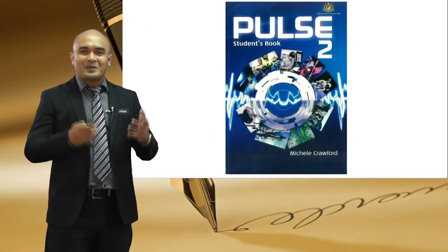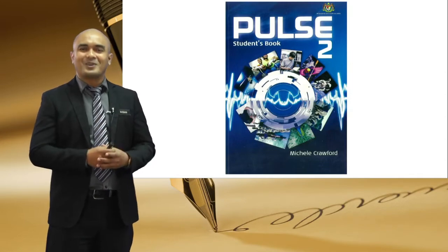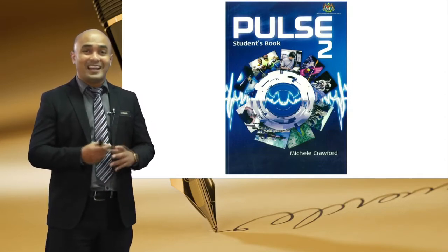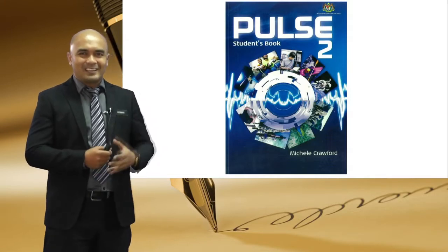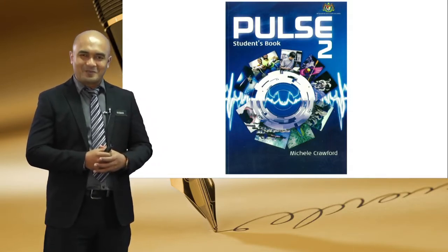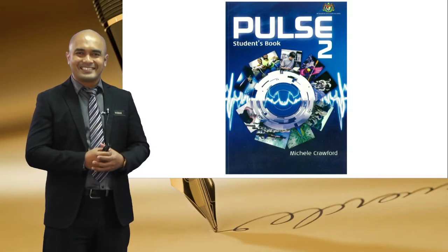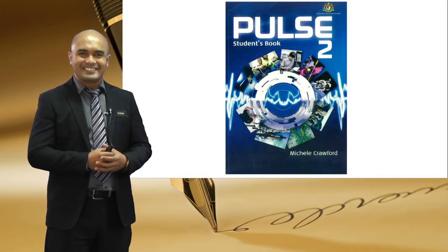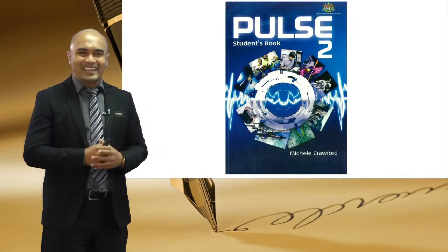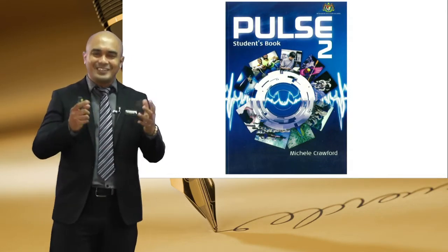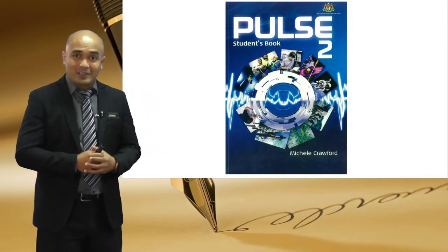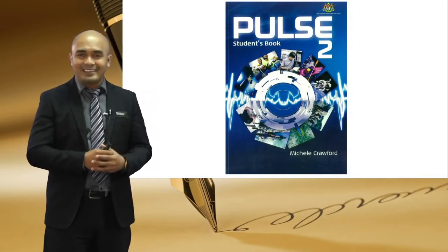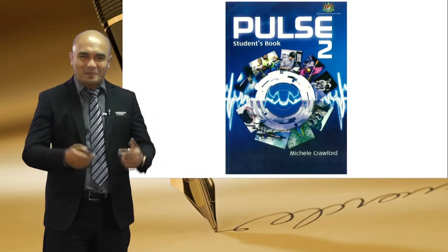Students, like usual, we are going to use our beloved blue book, Pulse 2. Please take out your book right now. I give you some time for this. Hurry up. Okay, thank you very much. Like usual, we are going to use this book because the exercise and everything is already in here.